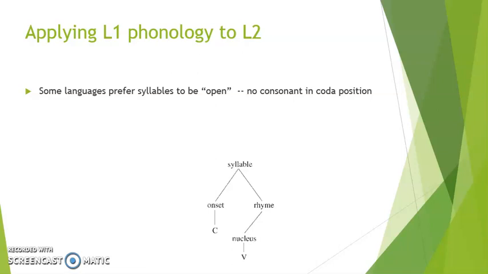There's a difference. So let's look at another part of this. In some languages, the speakers prefer that the syllables be open, so no consonant in coda position. So there's an onset, which is a consonant, and the nucleus, which is a vowel. For instance, I have a colleague with the name Yasuhiro.